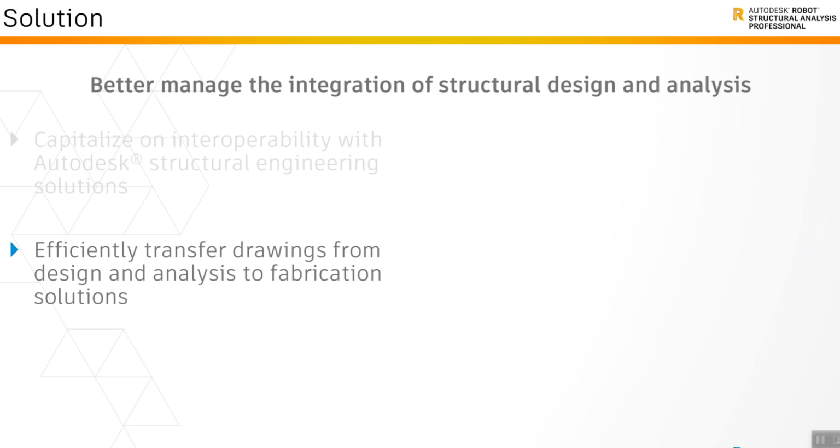We have Robot Structural Analysis as a design and analysis tool, and we have Revit. In Revit, we have Revit Structure, which is a most powerful modeling tool, and we have Advanced Steel, which helps us with the steel detailing. So the interoperability between these softwares will be good.